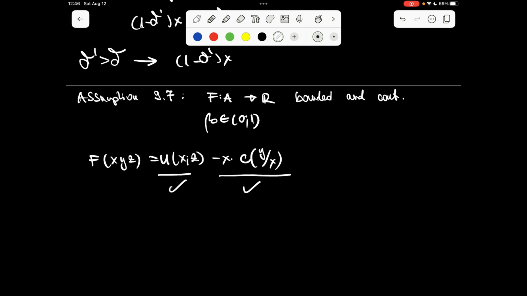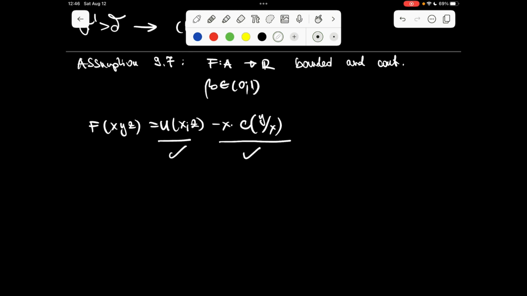So the one period return function altogether is bounded. And given the fact that function u and function c are continuous, the one period return function f is also continuous. So assumption 9.7 holds.